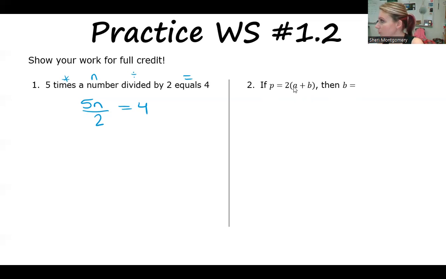So all we want to do is rearrange it so that it is B equals. So if we want B by itself, we need to get rid of everything else that's over there. So first thing that we can do, instead of distributing, because then it adds something to the B, what if we just divide by 2 first? Because our goal is to get everything away from the B. So our first step, we could divide by 2.